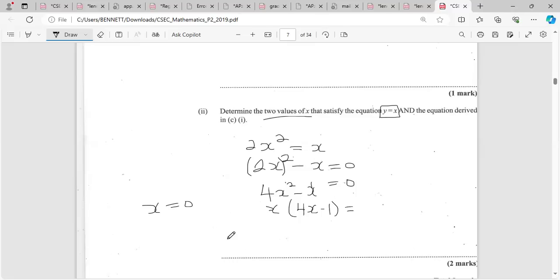So it will be 4x minus 1 equal to 0. And then I solve for x now. So add 1 to both sides, so it will be 4x equals positive 1. And then we divide by 4. So two values: x as 0 and x as a quarter.